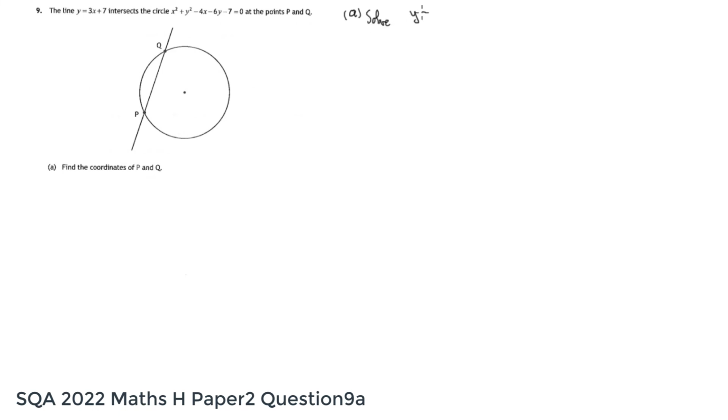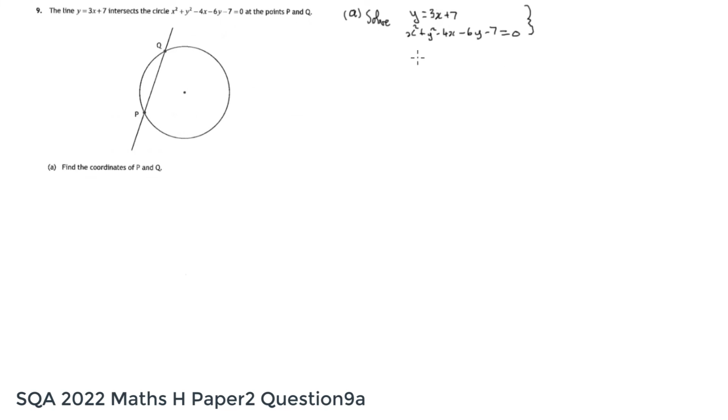So y equals 3x plus 7 and x squared plus y squared minus 4x minus 6y minus 7 equals 0. So that system of equations, the two must work together. So this is true and also this is true.